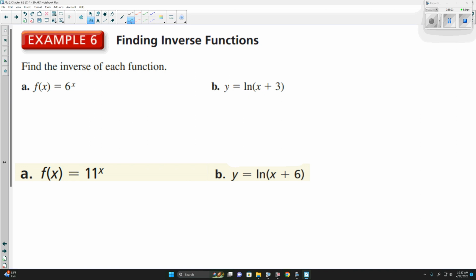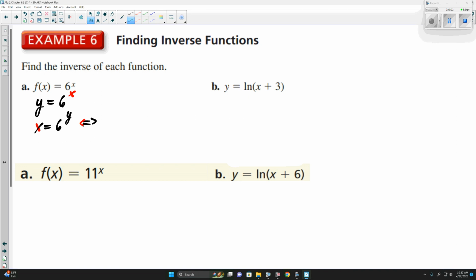So again, just like with finding the inverse, we replace f of x with y, so y is equal to 6 to the x. The next thing we do is switch x and y, telling us x is equal to 6 to the y. Now, to get y out of the exponent, we're going to change it from exponential to logarithmic.